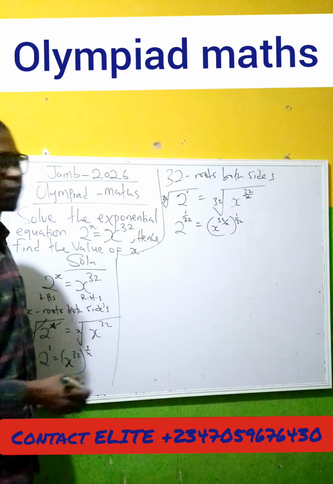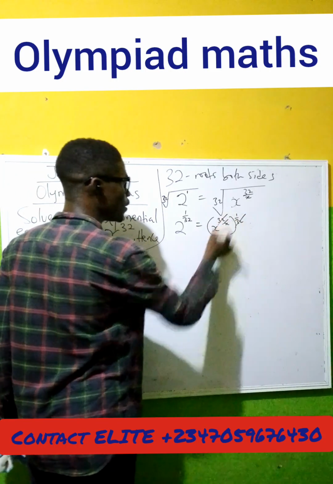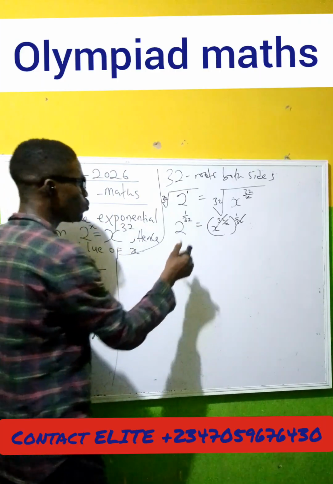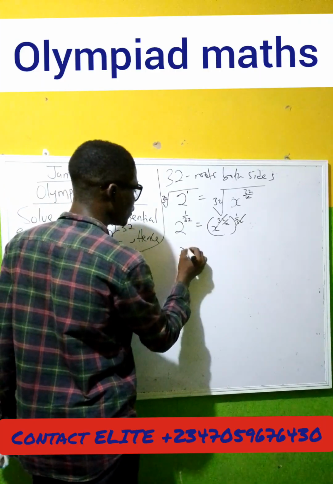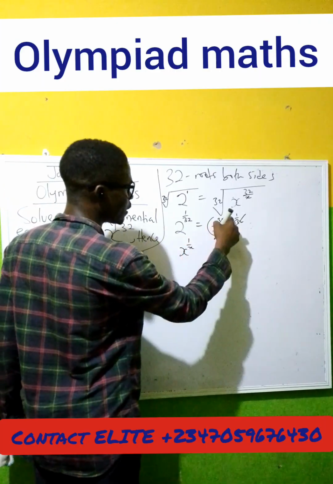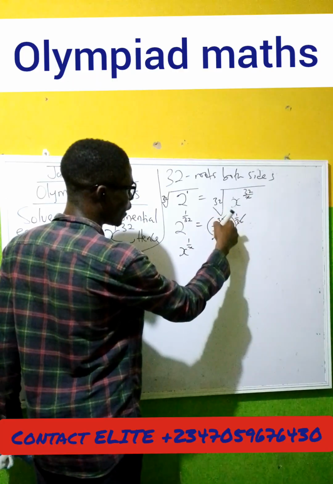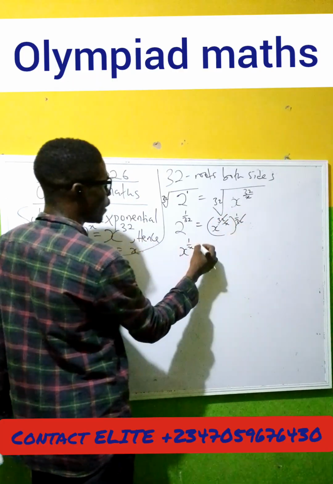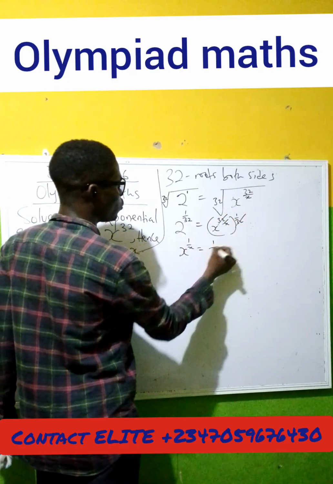There is no stress there. Then this 32 takes care of this 32. So we are left with x raised to power 1 over x. That is, it remains 1 over x here times 1, that's 1 over x equals what you have here, 1 over what?